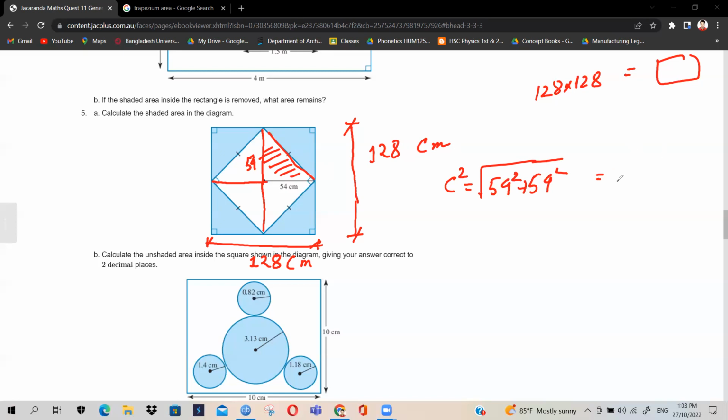Okay, sorry, it's not c squared, it's c, which is the root over 54 squared plus 54 squared. So you will get a value, and the area of the square equals c squared. Okay, so then what will you do? You will just subtract the value of this smaller square from the bigger square. We will get the value of the shaded diagram.